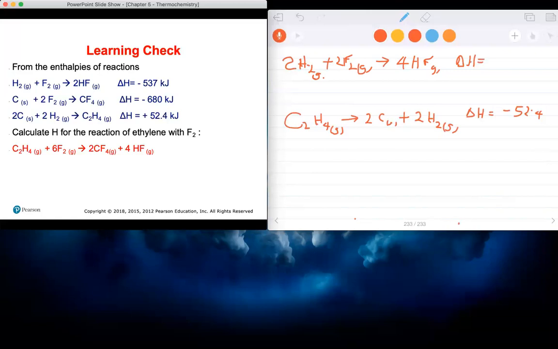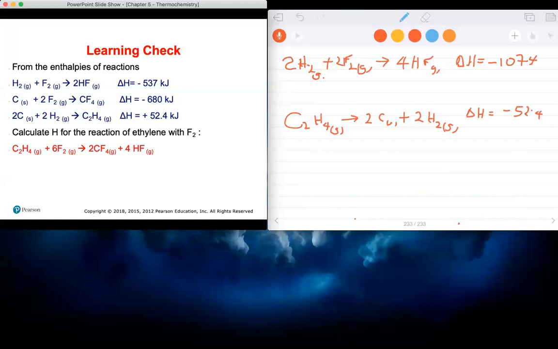Remember, when you multiply by a factor, you multiply delta H by the same factor. So 537 times, no, times 4, times 2. And this is negative 1074. It is in kilojoules. All of them are in kilojoules.